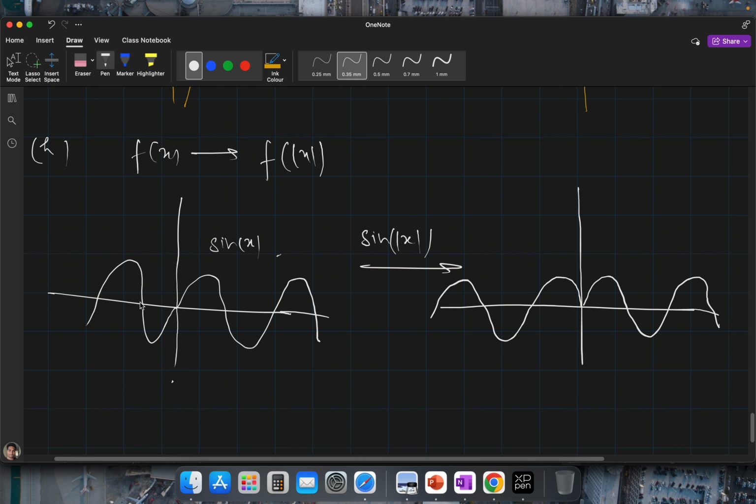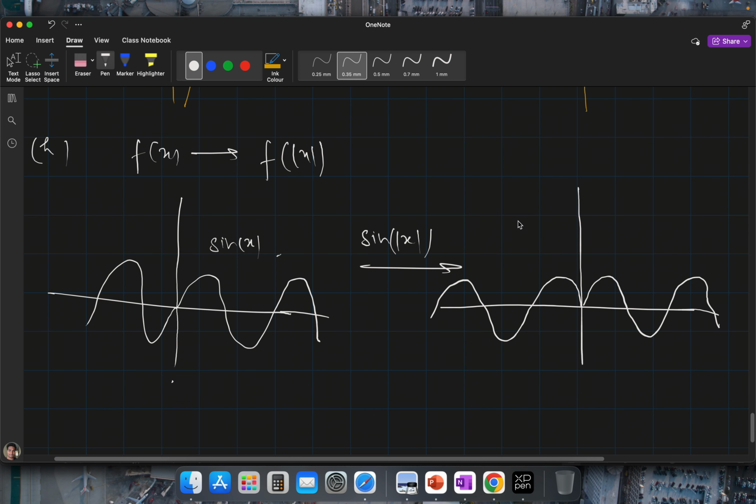Whatever the graph was in this area will be exactly replicated in this zone, because it shows the same property whether x is positive or negative.